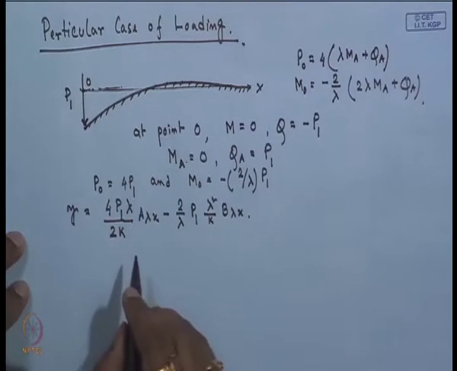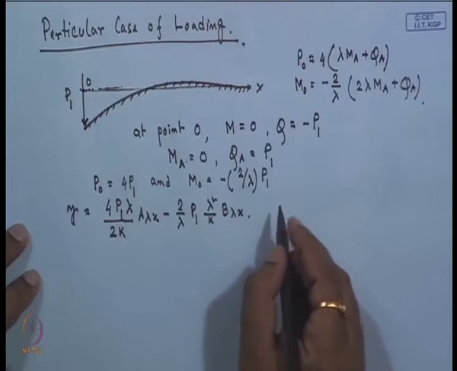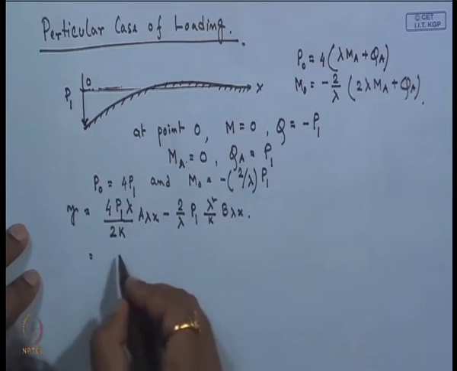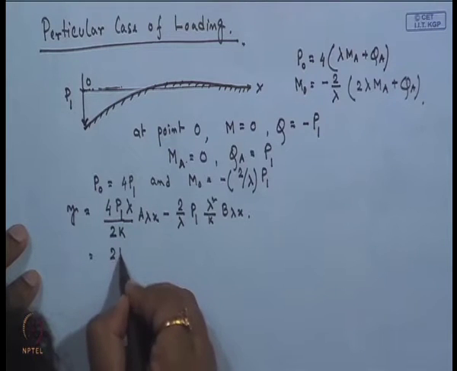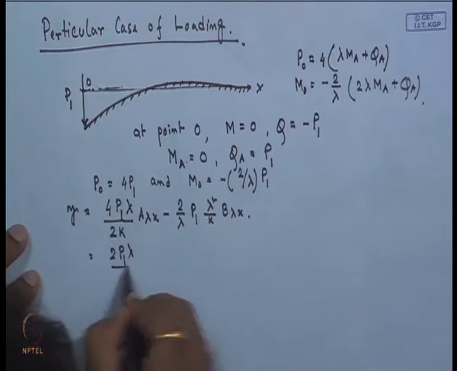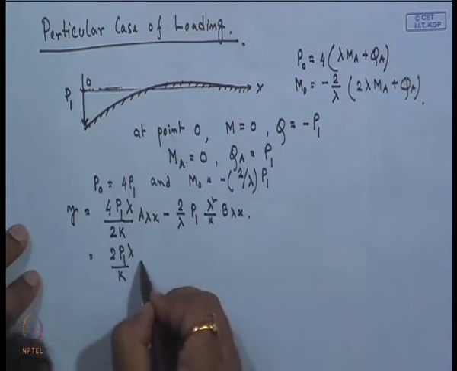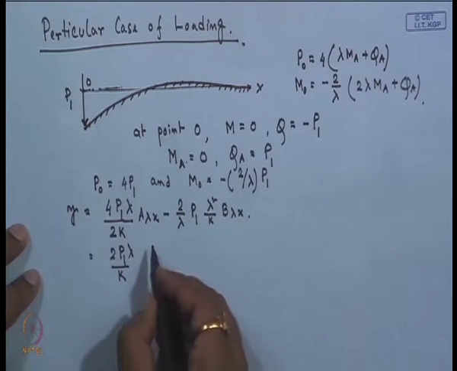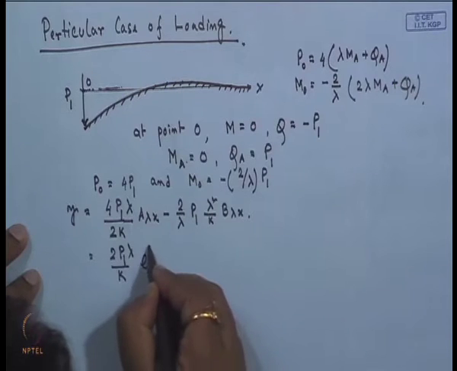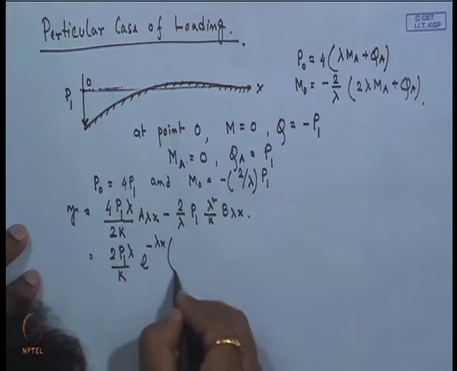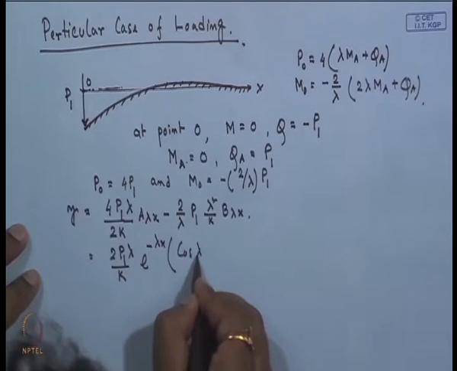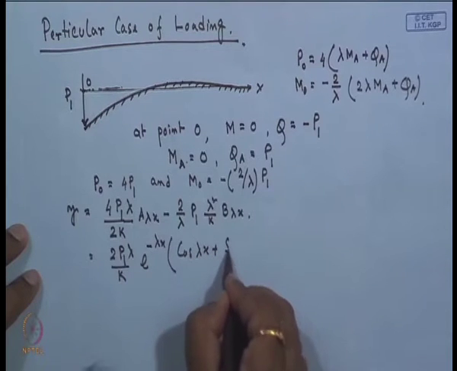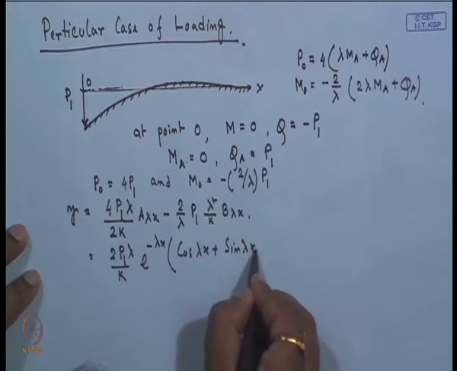So, now we will get this expression, then we can take 2 P 1 lambda by k and this A lambda x. So, we know this A lambda x is e to the power minus lambda x into cos lambda x plus sin lambda x.